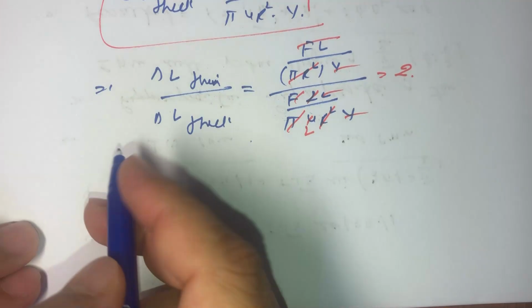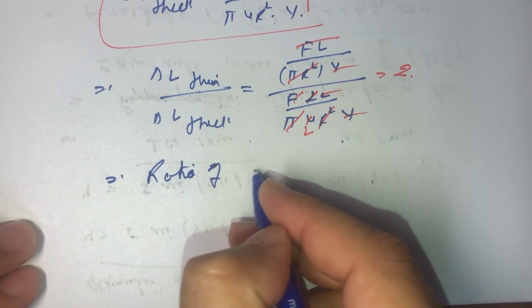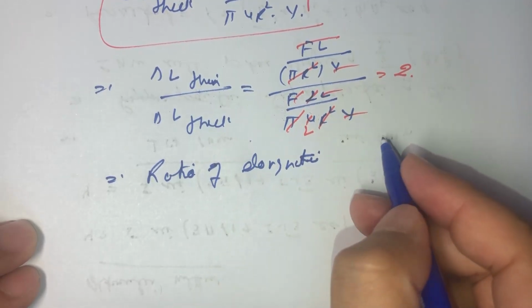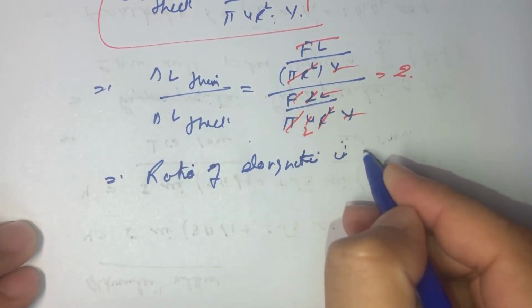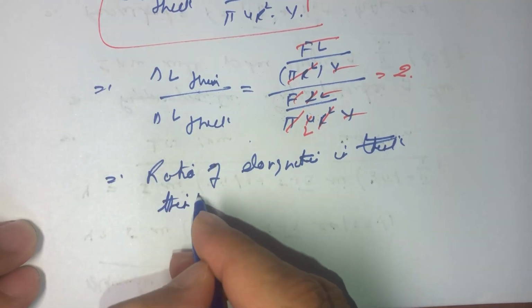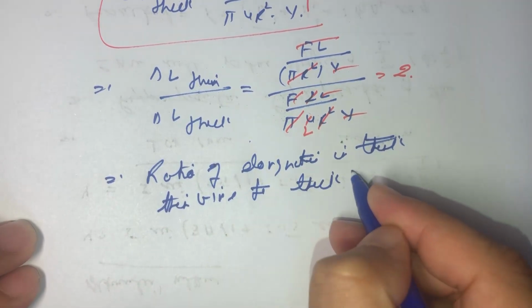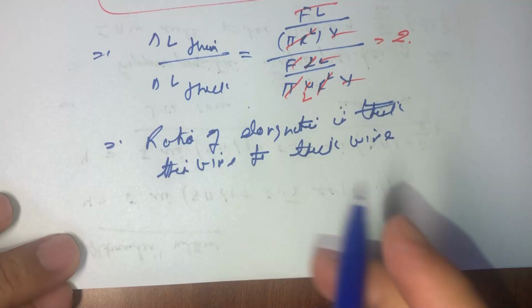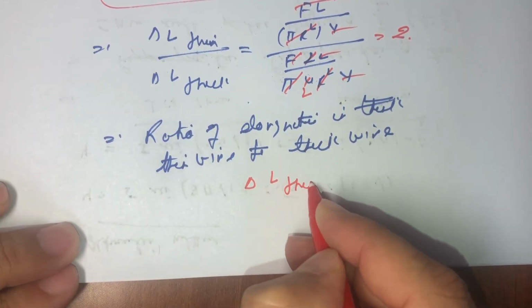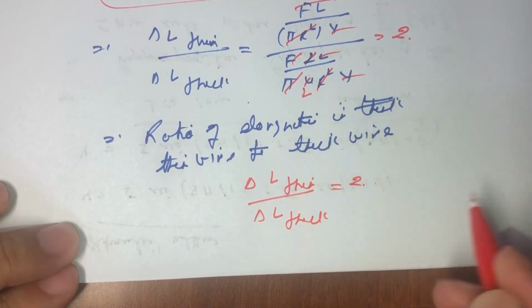Therefore, the ratio of elongation in thin wire to thick wire can be represented as delta L thin divided by delta L thick is equal to 2.